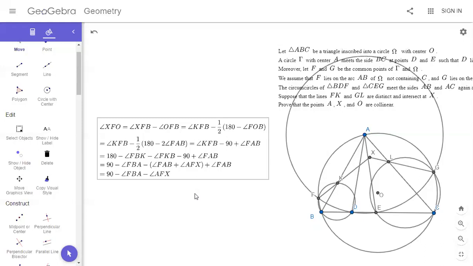Let's see. Yeah, no, I think I just went in a circle with this. I thought I had it. Let me see.